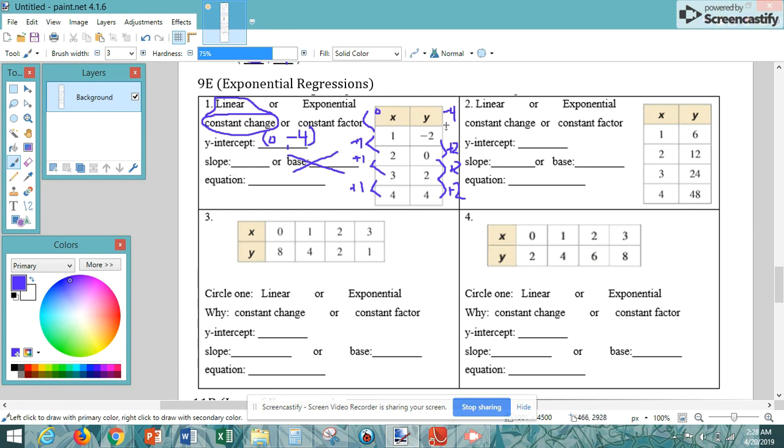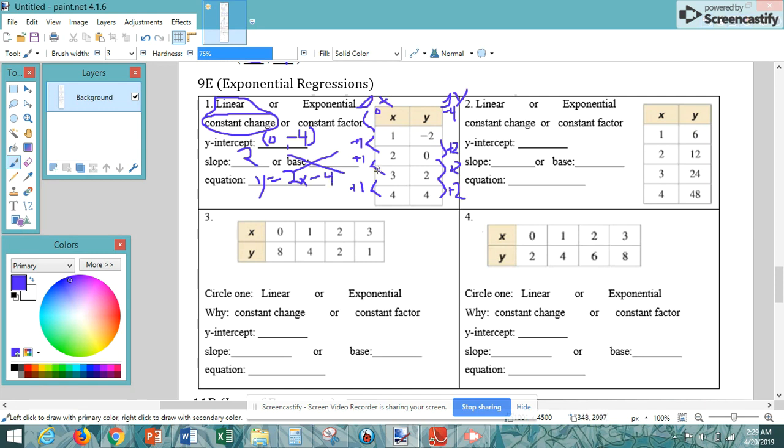Our slope would be rise over run, the change in y over the change in x. So it's positive 2 over positive 1. So that's just a 2. So our equation would be y equals mx plus b. Y equals our slope m, which is 2, x plus -4. So just put -4.